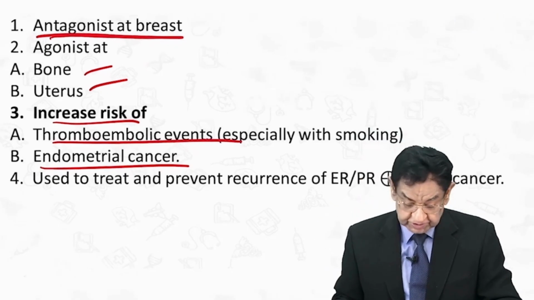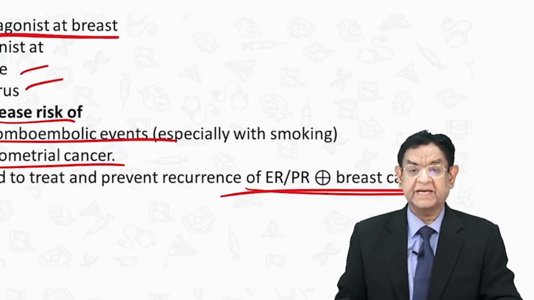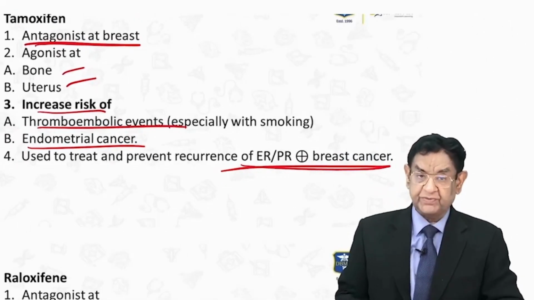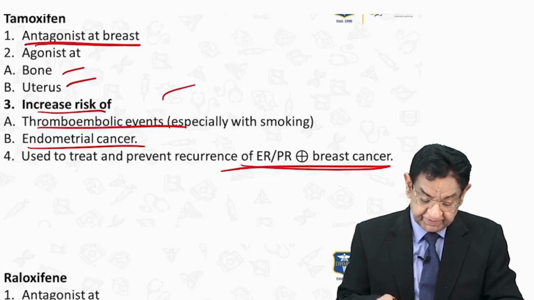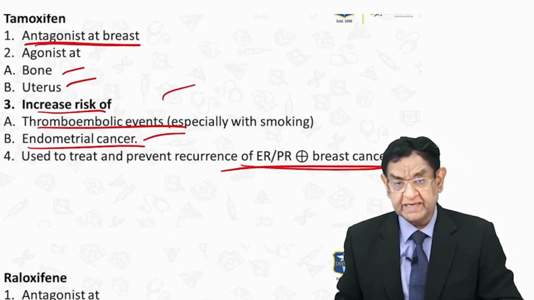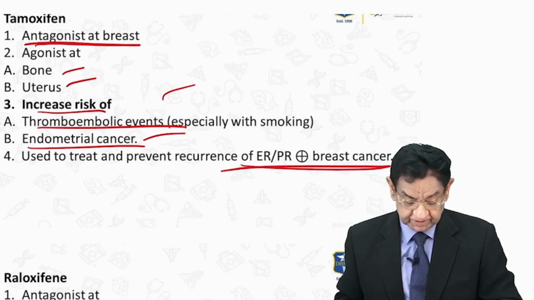But we use it to treat and prevent recurrence of ER/PR positive breast cancer. Point to be noted: we use it for ER and PR positive breast cancer, but we can definitely induce endometrial cancer, and it can induce thrombotic phenomena, deep vein thrombosis.